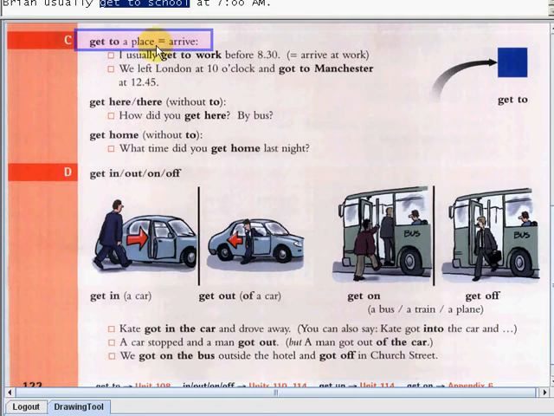When and how are we going to use the word get to a place that is equal to the word arrive? Very good. Now that you already know how to use it, let's move on to the next usage.